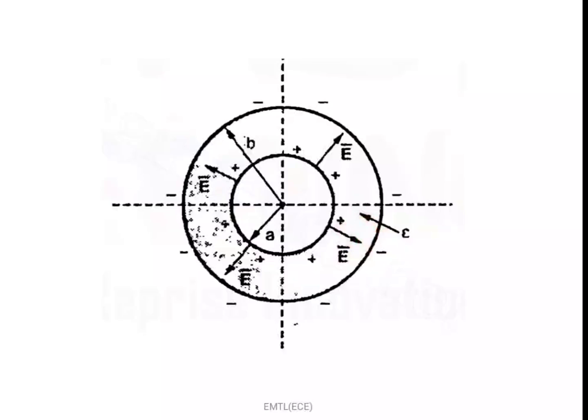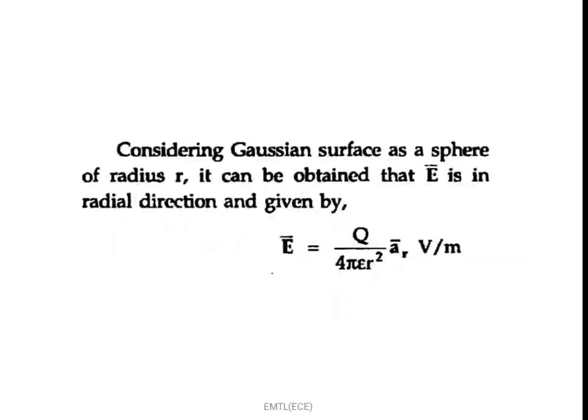The expression for the electric field intensity we take from Gauss law. Already in the Gauss law applications we discussed the electric field intensity for a sphere having radius r, and that expression is used here.